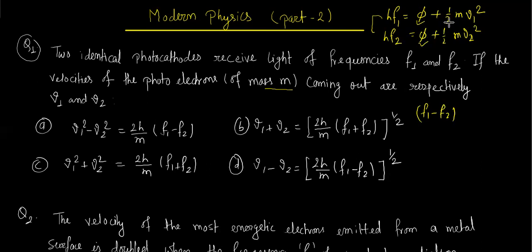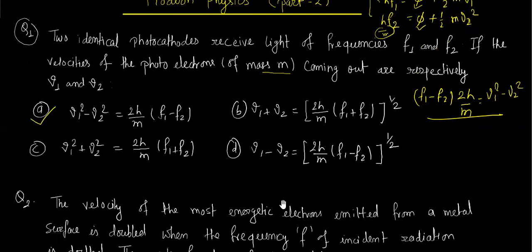From here the 2 will go in the numerator, and we can take m downwards in the denominator, and the rest will be v1 square minus v2 square. So our correct answer is option A.